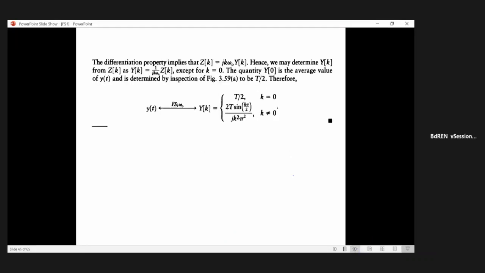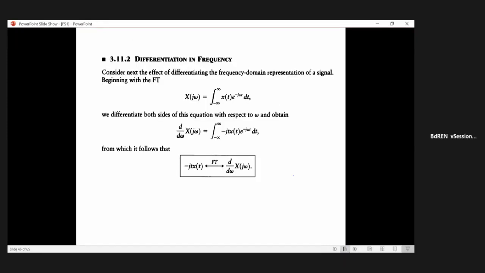So this illustration is further explained here. Now, another counterpart, differentiation in the frequency domain. This is also important in many applications. If we have a signal, we are starting with the Fourier transform.